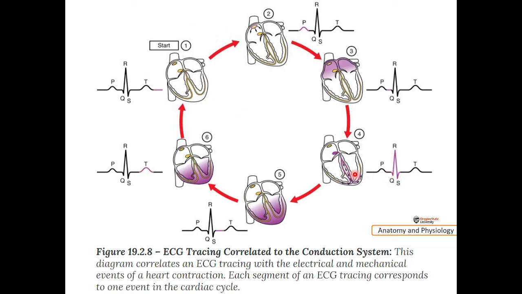After that the wave of depolarization will come down the ventricle, the main ventricular depolarization wave, toward the apex of the heart. It will create this part of the wave.